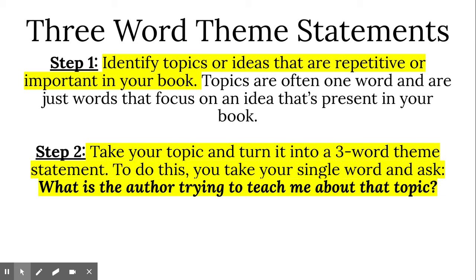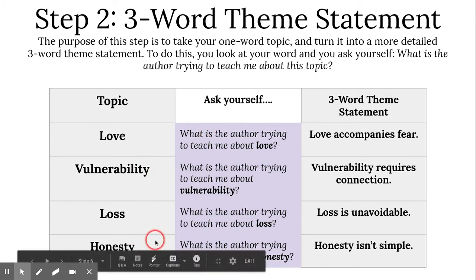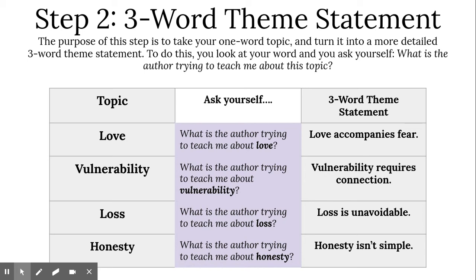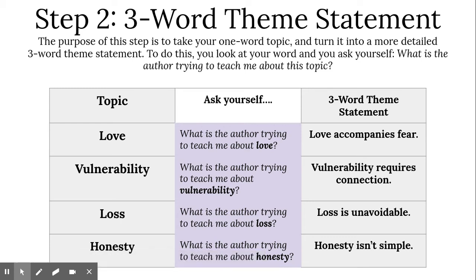So let me show you what this looks like. Okay, first things first, here is step 1. In step 1, you come up with a list of subjects or topics that you're recognizing within your book. Well, here are 4 different examples. I recognize love, vulnerability, loss, and honesty. In step 2, I'm asking myself, what's the author trying to teach me about love?